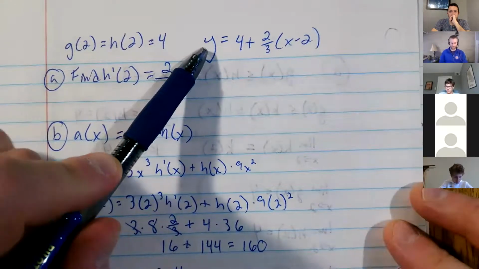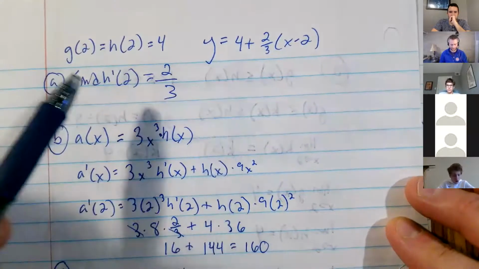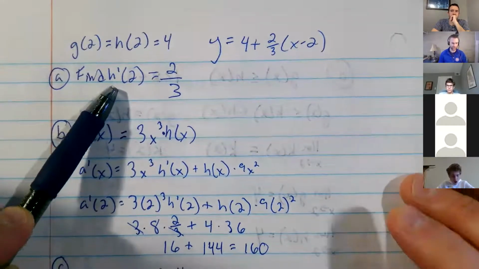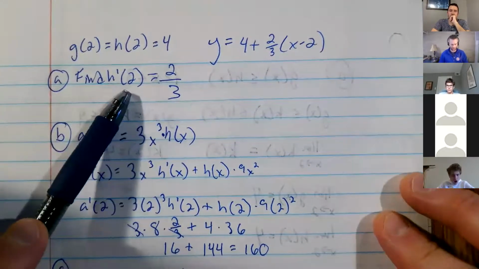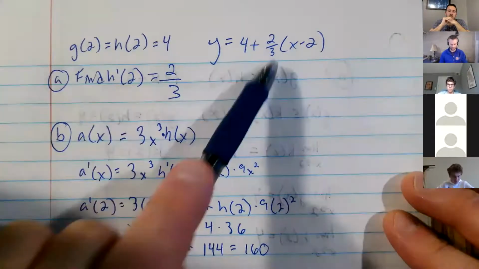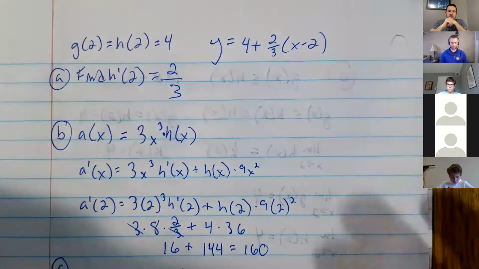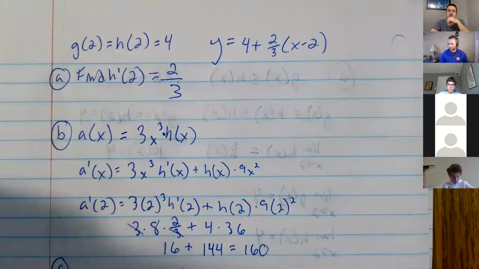That means this is the equation of the tangent line. And so h prime of 2, very simple, means the slope of the tangent line, which is the slope of this line. So the slope is 2/3. No work or anything to do there. You're just recognizing what that is.